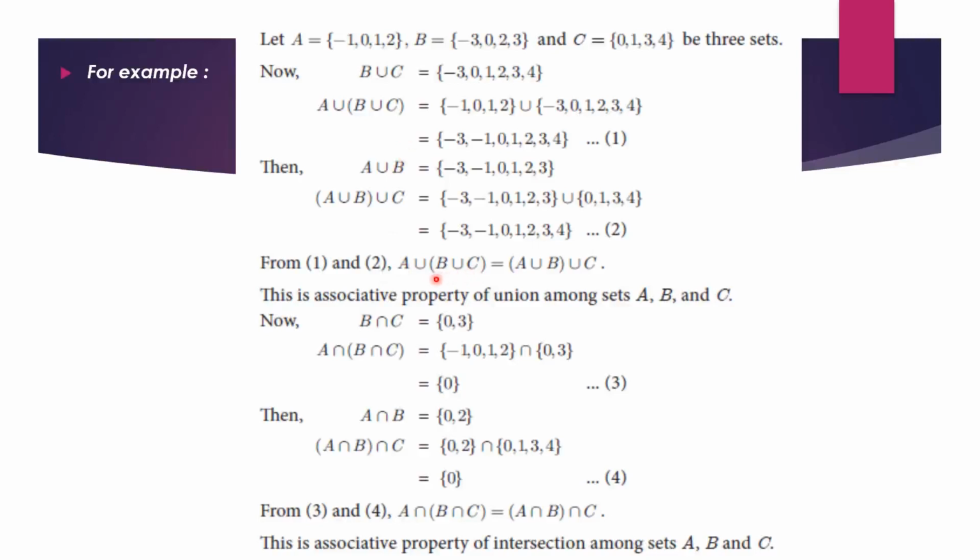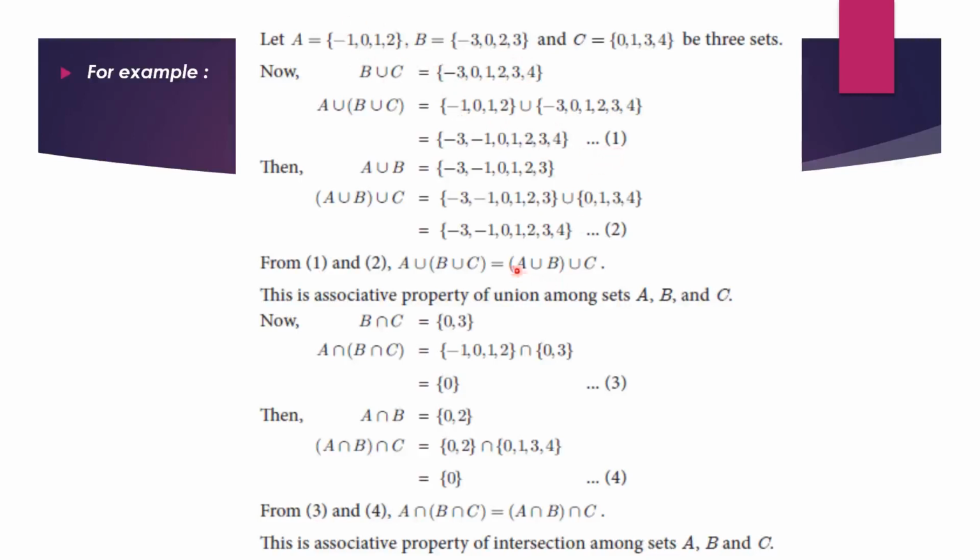So for that first you have to find B union C. Here B union C means you have to compare and write all the elements in B and C. Then A union (B union C). Then you have to compare this A set with this B union C set and write all the elements in these two sets. That is marked as 1.